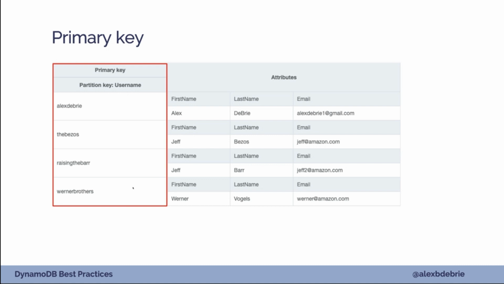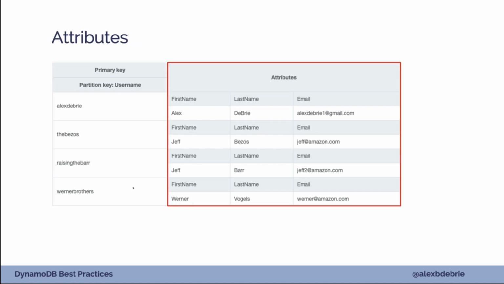Now, in addition to that primary key, we have these other attributes over here, like first name, last name, email. You can attach any freeform attributes that you want onto DynamoDB items. So you don't need to specify these attributes up front when you're creating a table. So it's comparable in some ways to columns in a relational database, other than, in a relational database, you need to declare those columns. You need to say what the type is.